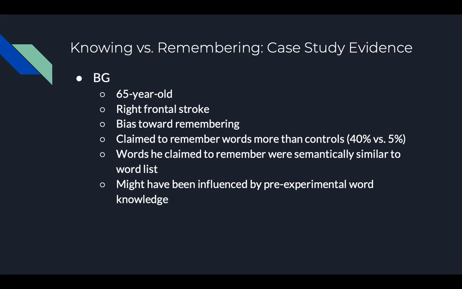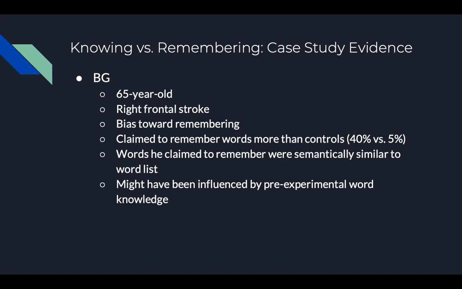He was supposed to study this list of words, and then later say yes or no regarding his recognition: was this word that you see in front of you on the list before, yes or no? In addition, they also asked him to say whether he felt that he remembered the word or if he just knew it.